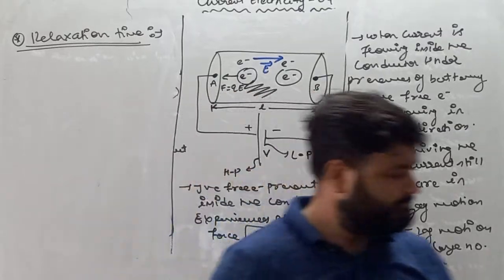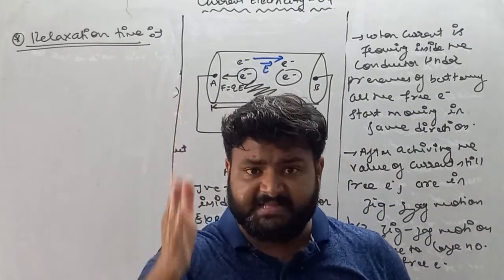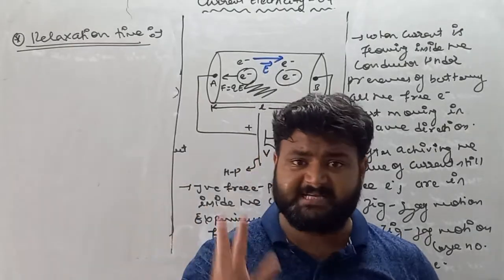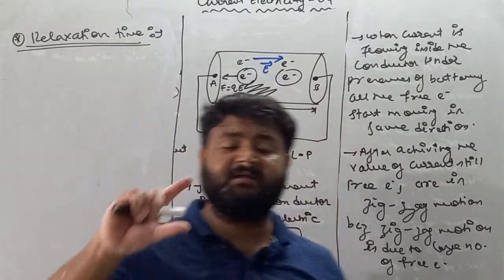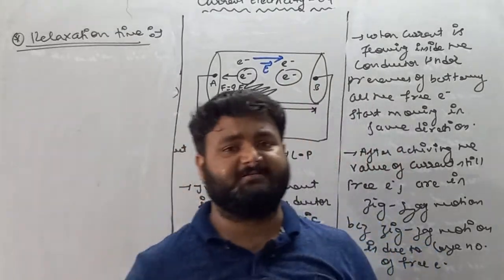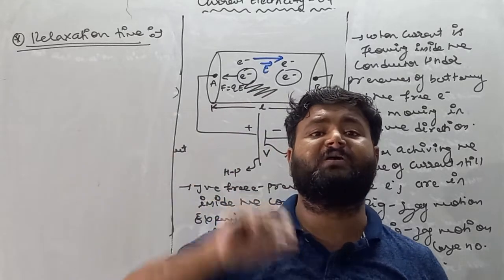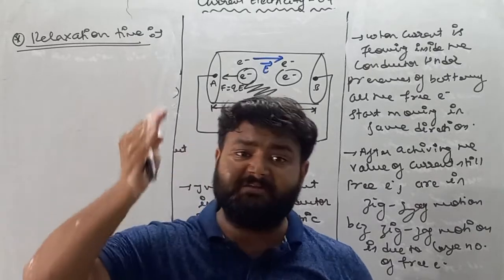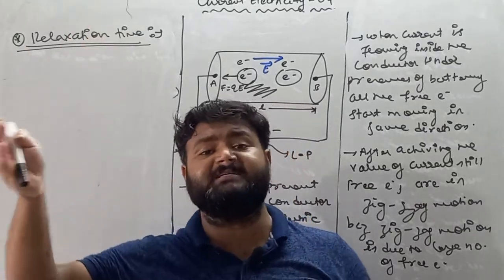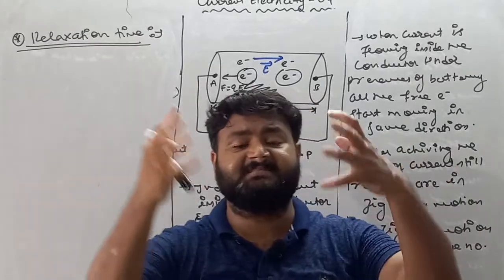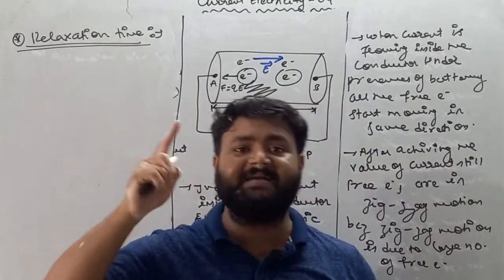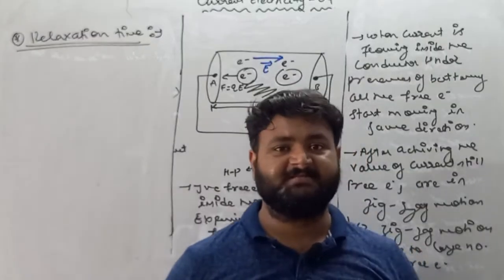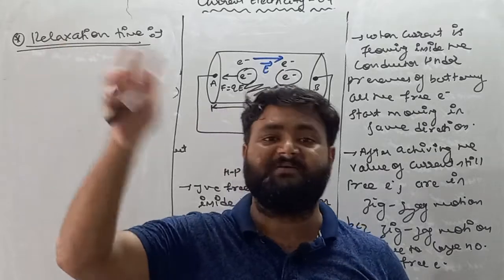See, I am repeating once again. Just think about it. There are infinite collisions possible inside the conductor between two free electrons, and every collision does not take place in the same time. So if infinite collisions take place, then infinite times will be formed.